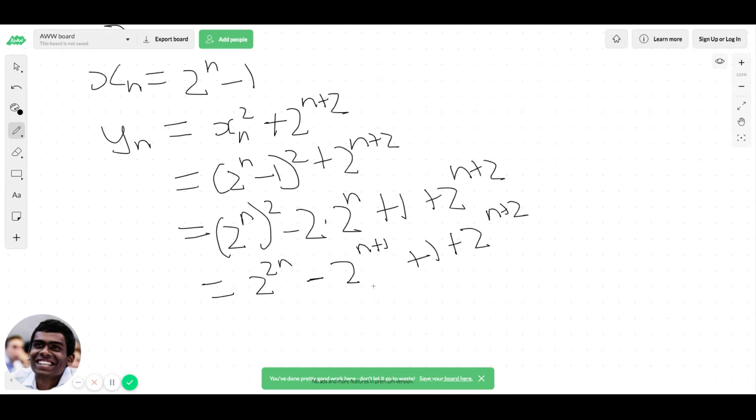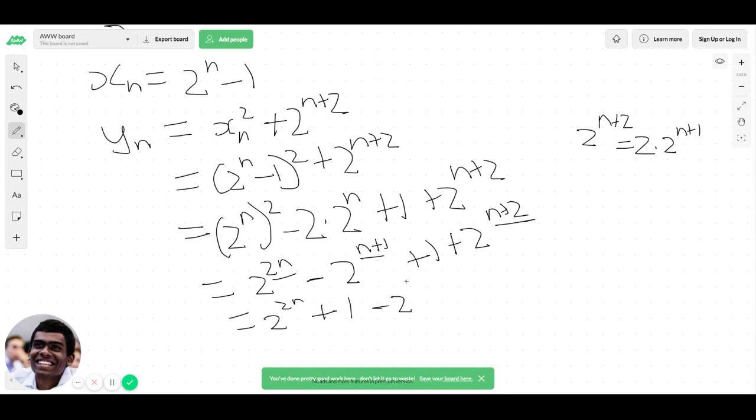Now this still looks strange. It's not exactly a square yet, but we notice that this is a 2n, and that's 2 to the power of n all squared. This is an n plus 1. This is an n plus 2. These are related, like 2 to the n plus 2 is just the same as 2 times 2 to the n plus 1. If we write that out, we get that this is just 2 to the 2n plus 1. I'm going to keep that there.